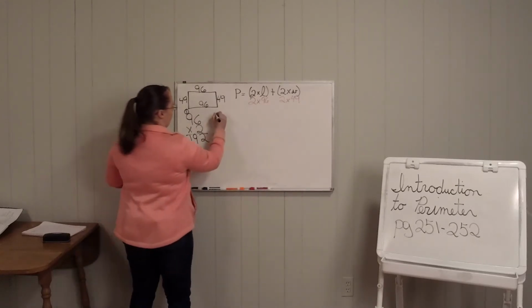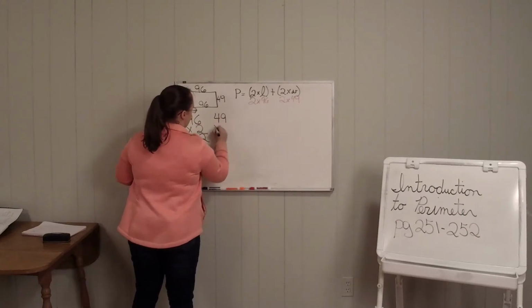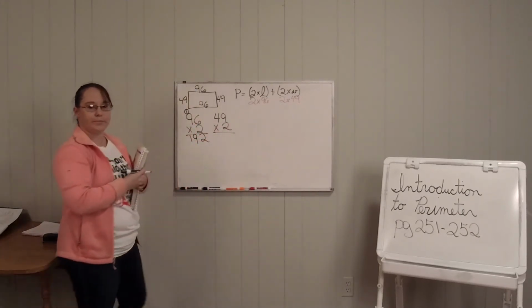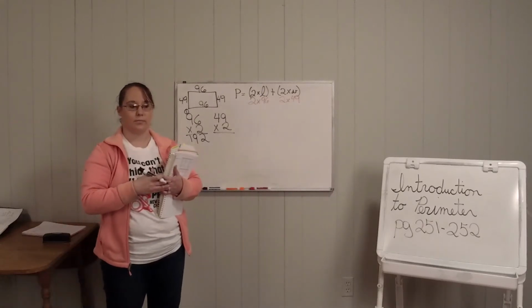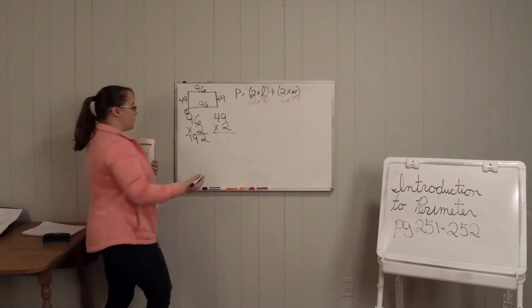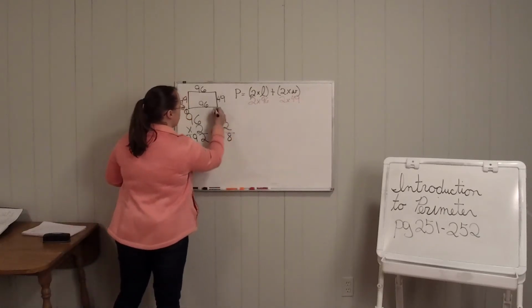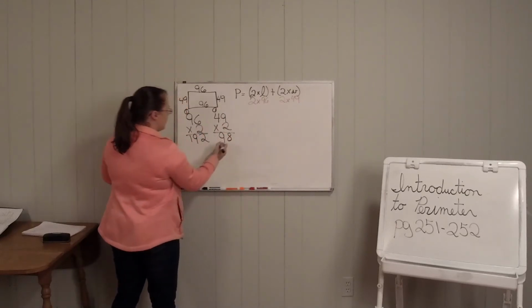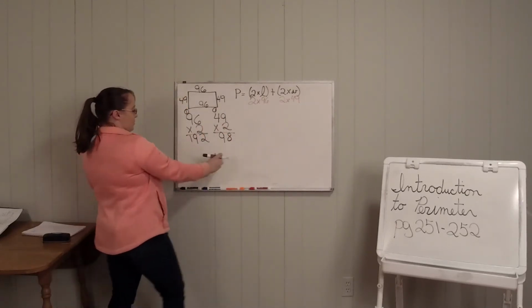Then you have 49 times 2 to do. Think that one through a little bit. Okay, 9 times 2 is 18. 2 times 4 is 8, plus 1 more is 9. Then you add those two numbers together.